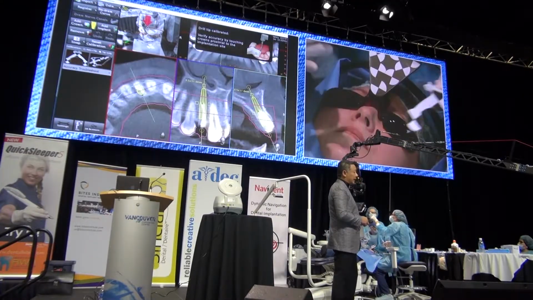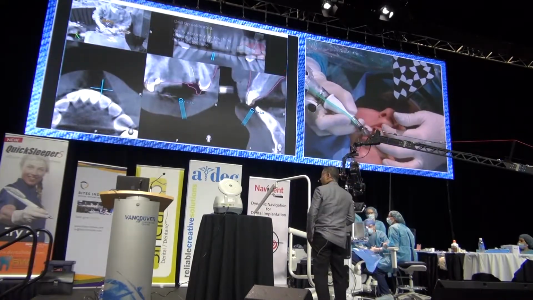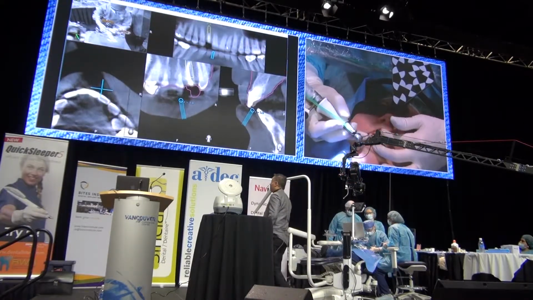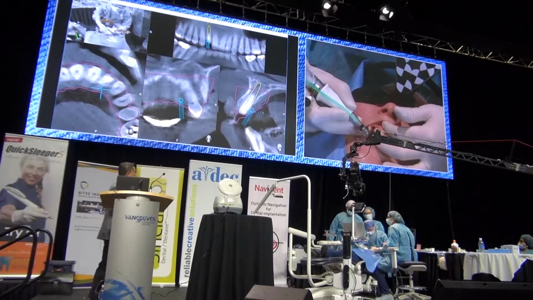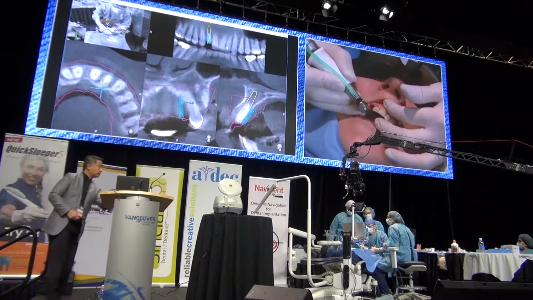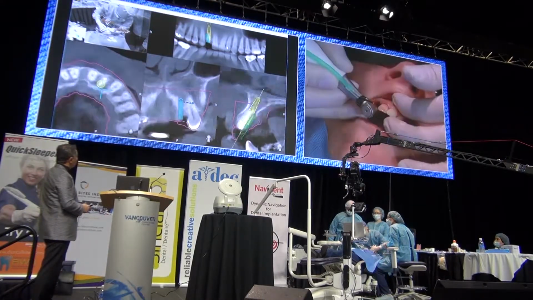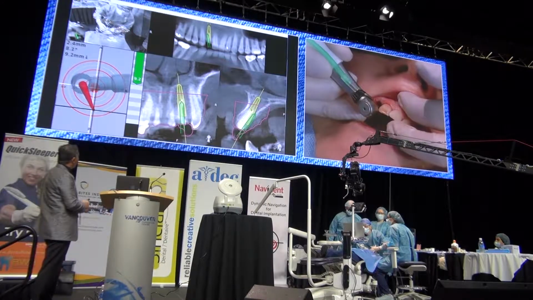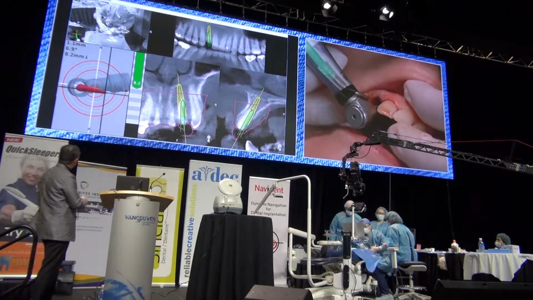So Dr. Kwan is now calibrating the drill. Now we're going to be evaluating the positioning of the implant placement with the osteotomies. As this drill is going in, he's looking at angulation and position and he's trying to have this on the bullseye.